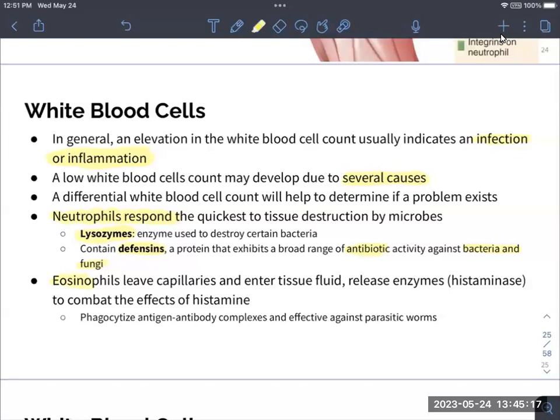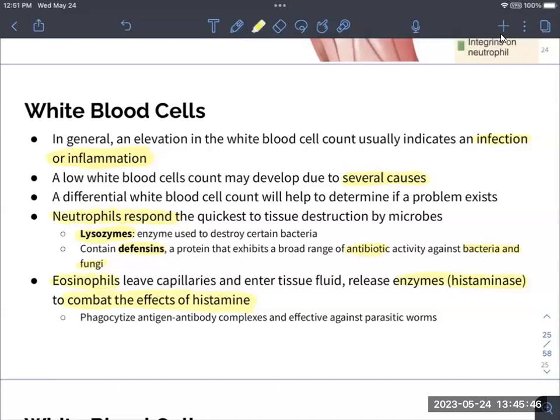Eosinophils, another type of white blood cell, release out histaminase, so enzymes. Eosinophils' job is to try to combat the effects of histamine on your system. Those of you who have allergies know what histamine will do to your system.